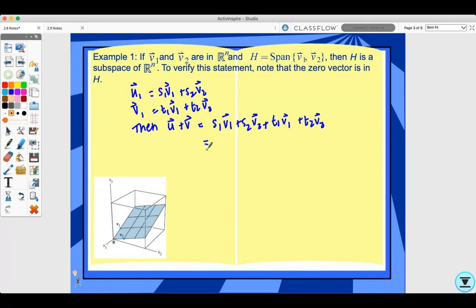Then looking at this, v1 is common in the first and third term, so we could factor that out and have that times s1 plus t1. Just like v2 is common in the second and fourth term, so we could factor that out and have s2 plus t2.